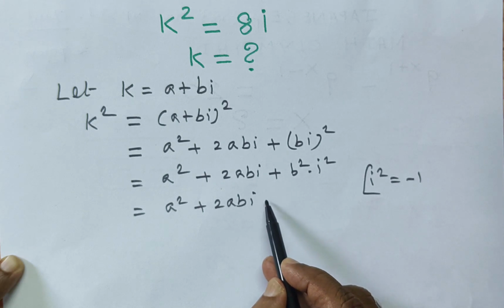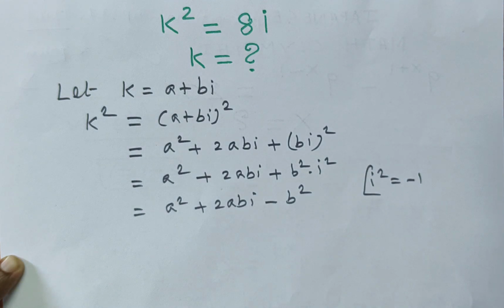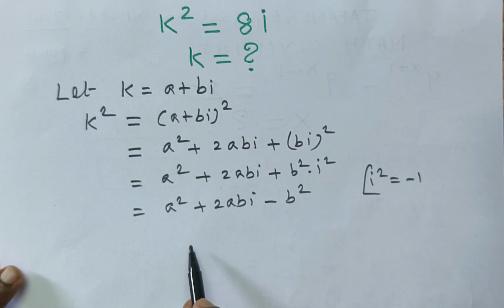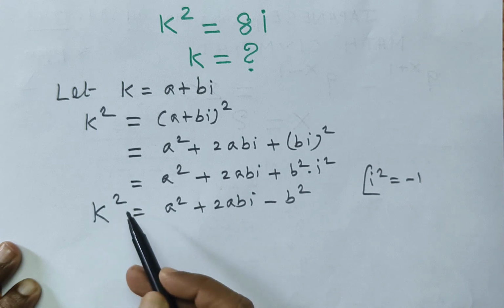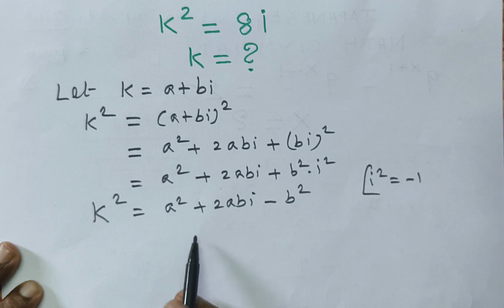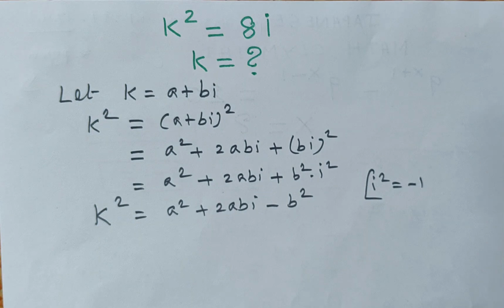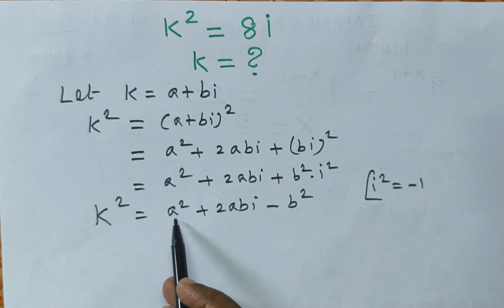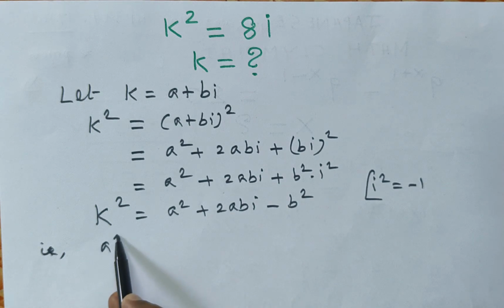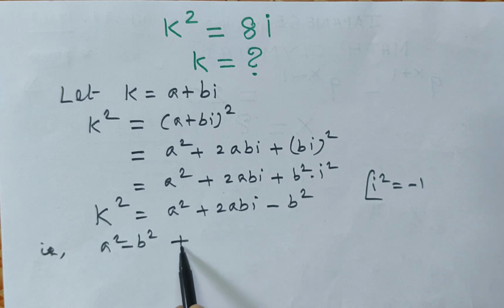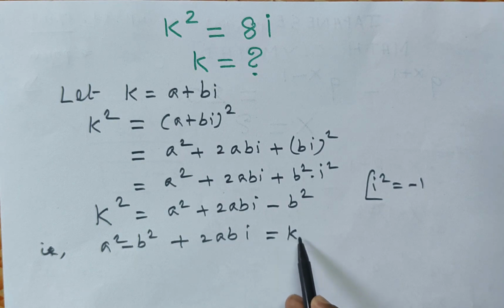Therefore, minus b squared. k squared is equal to this: a squared minus b squared plus 2abi is equal to k squared.